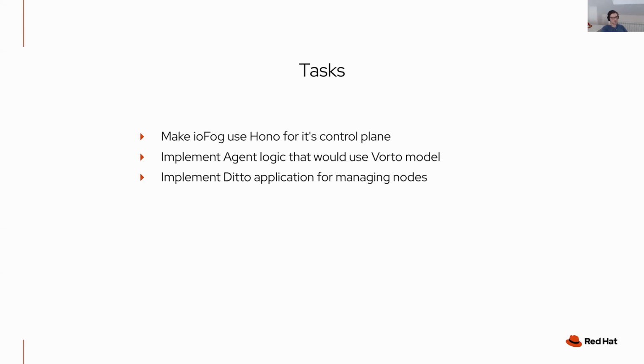So let's try to use Hono, because Hono is the glue between Hogbit, Ditto and the devices. And in this case, the ioFog agent is a device. So if that ioFog agent can talk Hono protocols on the control plane level, it will make things significantly easier.